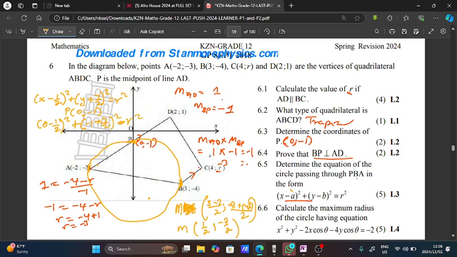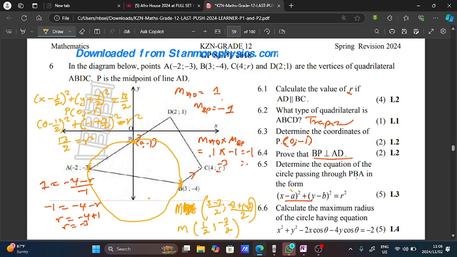What do you get? 13 over 2. That is r squared. Now from there, where there is r squared, you simply put it equals 13 over 2. Then you get your 5 marks free.